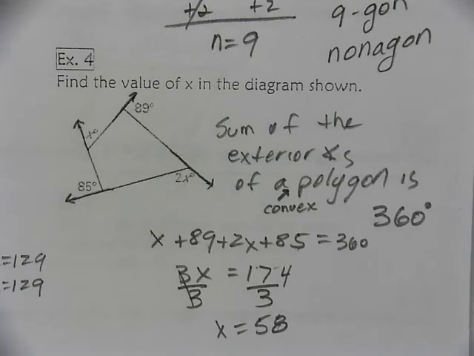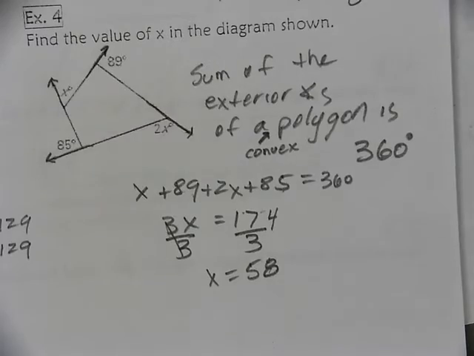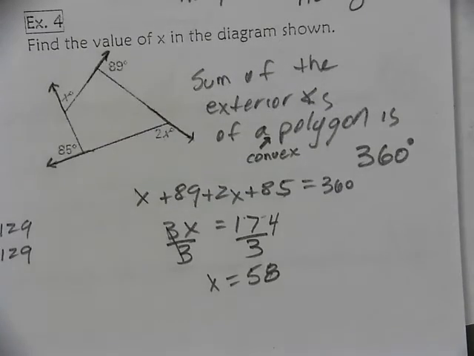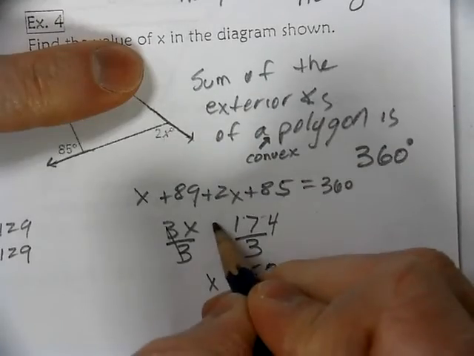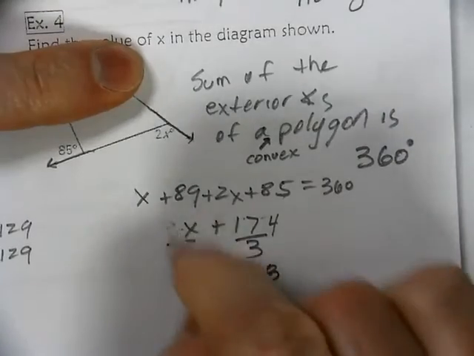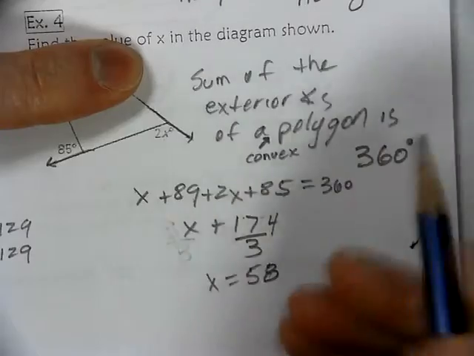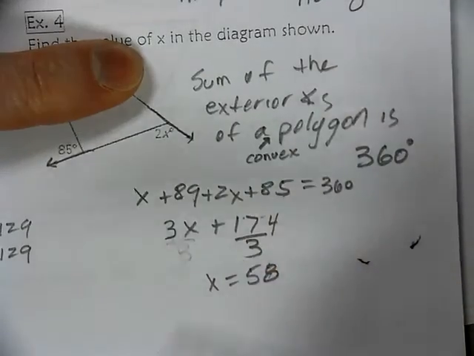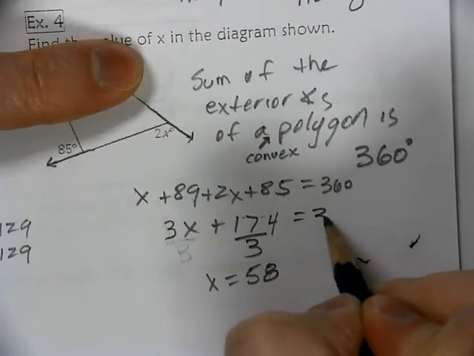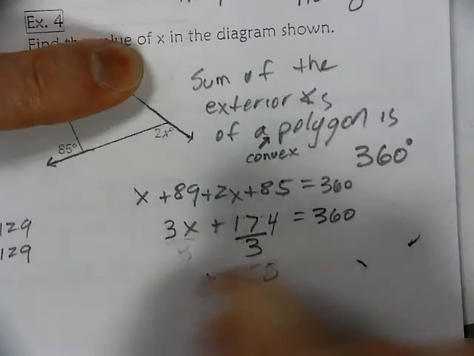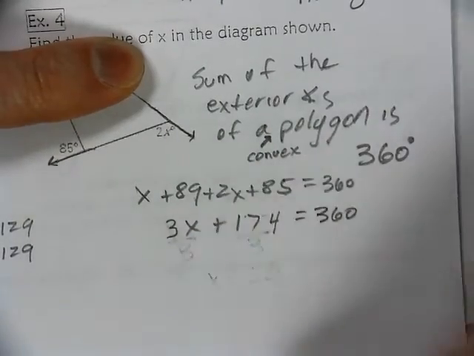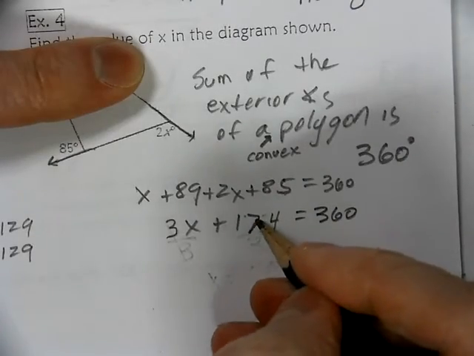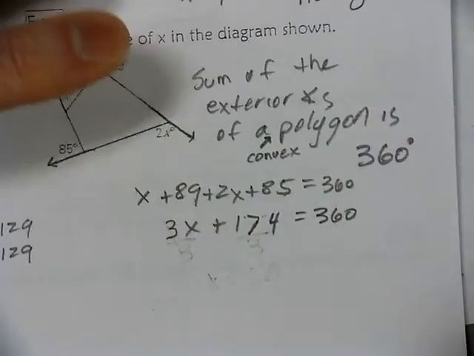So it looks like that is 58 degrees. I've figured out where I went astray. It's 174 for sure, but it is not an equal sign. Where did that equal sign come from? Okay, so our equal sign is over here with our 360. That did not ring a bell. Alright, sorry about that. Hopefully you recognize the error.